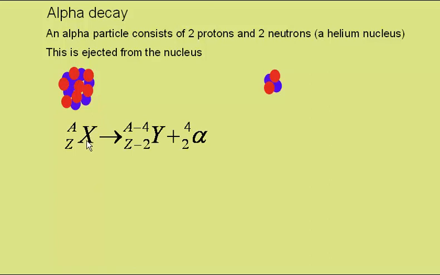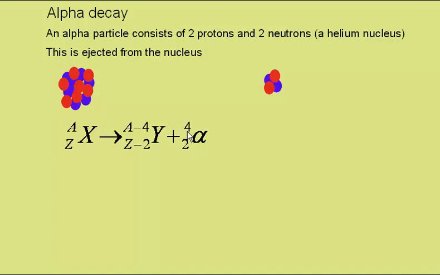The unknown element X has proton number Z and nucleon number, i.e. protons and neutrons, A. The alpha consists of 2 protons, and so Z is going to reduce by 2 in the daughter nucleus Y. The alpha has 1, 2, 3, 4 nucleons, so the nucleon number will reduce by 4 in the daughter nucleus. And there is the alpha particle with proton number 2 and nucleon number 4.